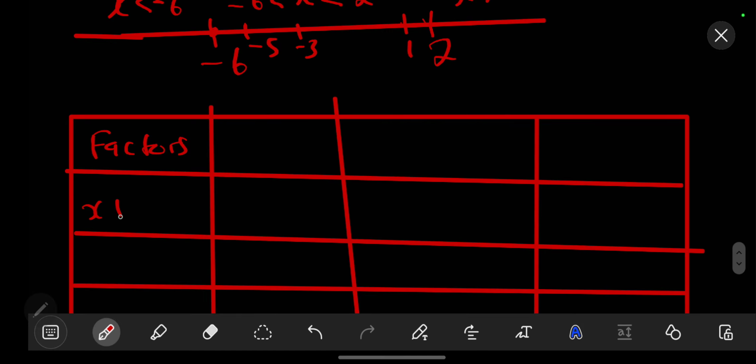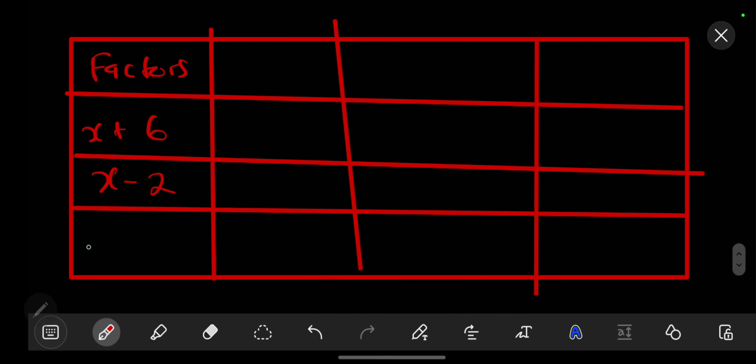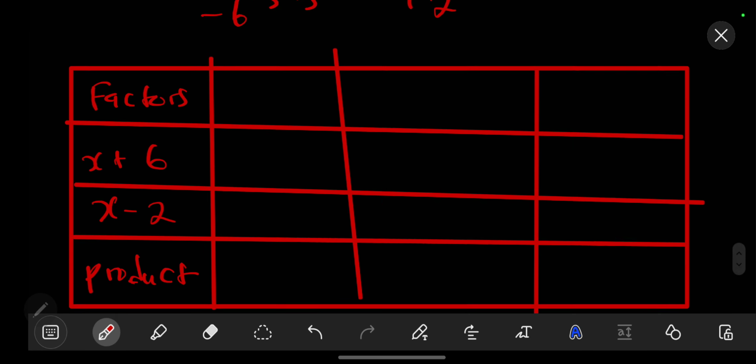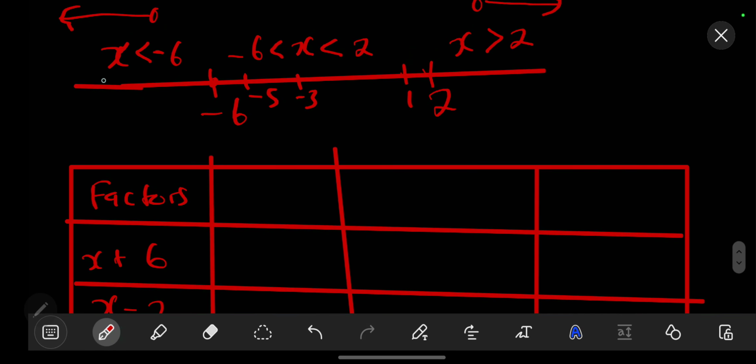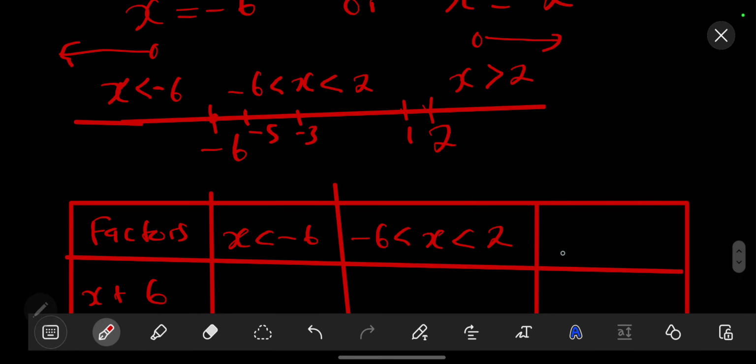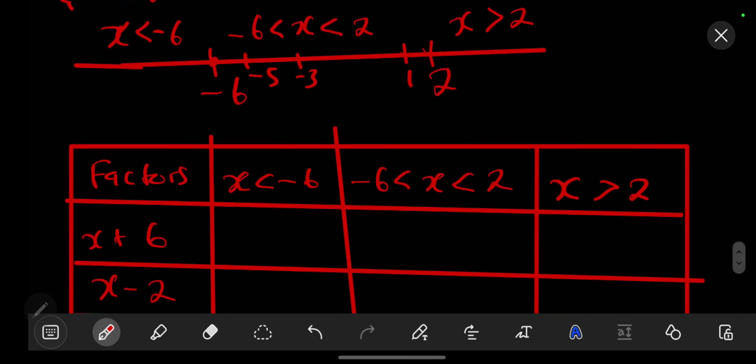Then we have our product. For our first interval, we just copy: x is less than negative 6. The second interval is the one in the middle, and the last one is x greater than 2.